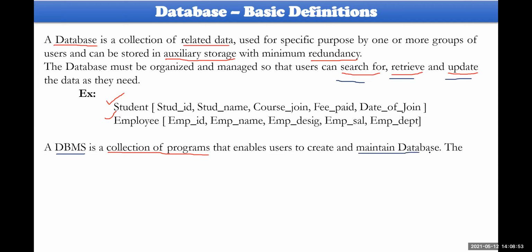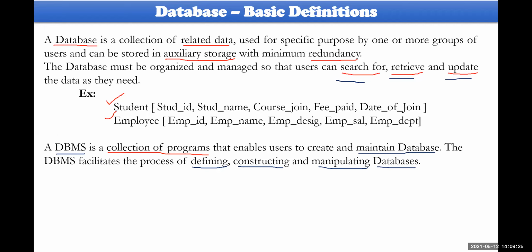Maintenance in the sense, all these operations, whatever the operations I have discussed just before, those operations will be done in a proper way. So that is why it is called as a database management system. So the process of defining data and constructing the data and manipulating the database will be called as database management systems.